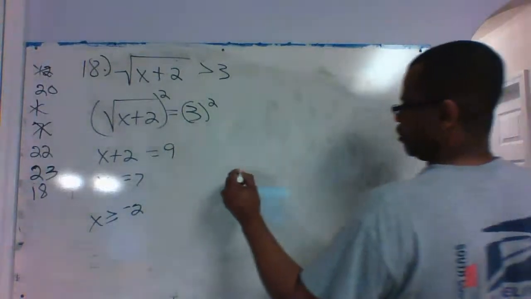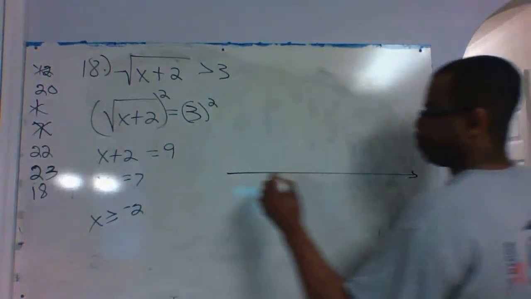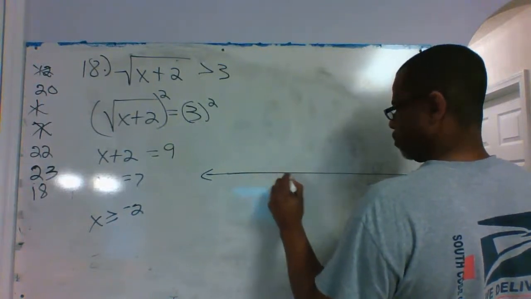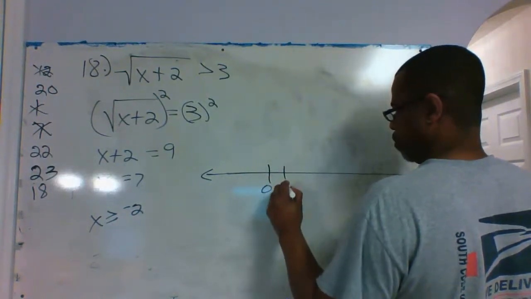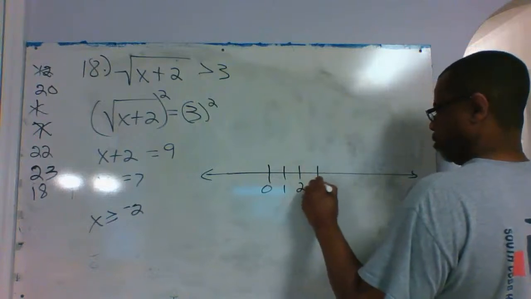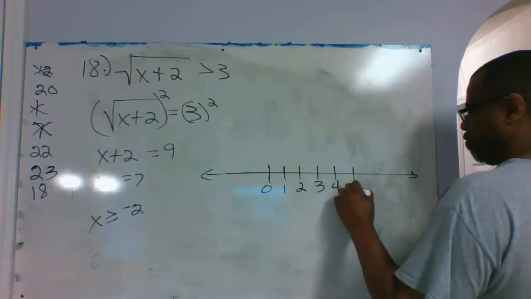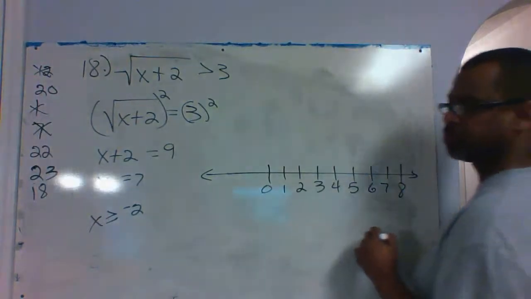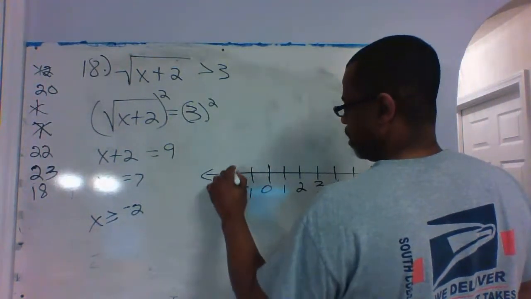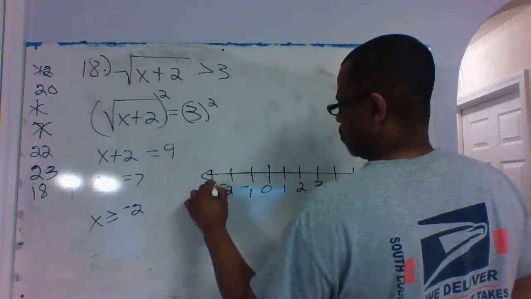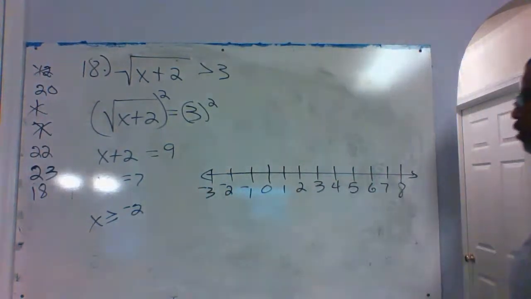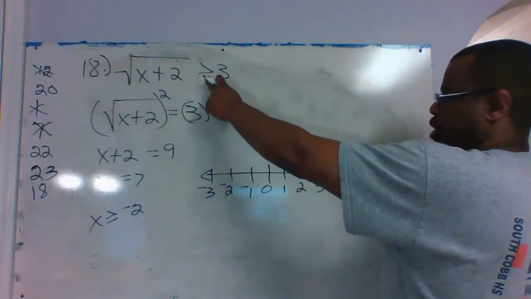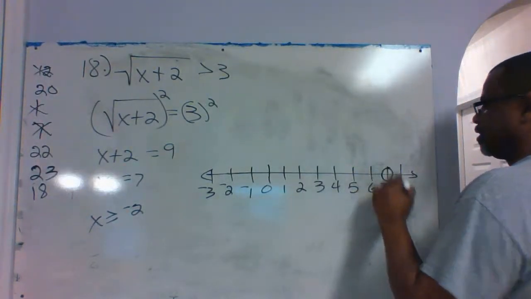Okay, so what you want to do is do your number line. And from the previous chapter, I'll show you just a second. So we have what? Make sure it fit on it. So that's 1, 2, 4, 5, 6, 7, 8, -1, -2, and we'll do -3. All right. So what we want to do, since this right here is going to be open, we're going to open this at 7.